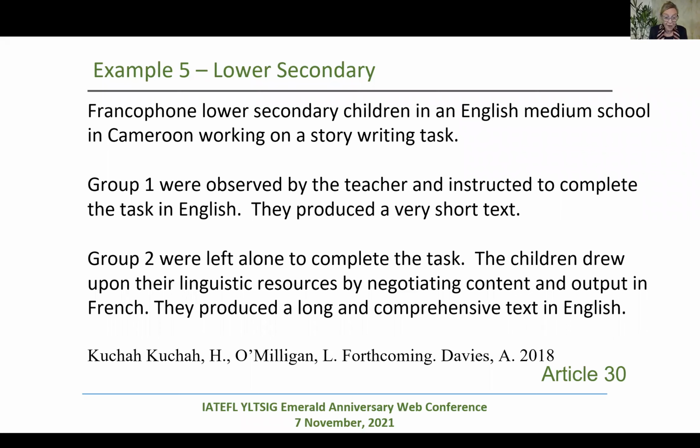We can see that Group 2 were given agency and choice on how they completed the task. They chose to use French, their own language and default cognitive tool, and co-constructed output in English. This acknowledged their plurilingual identity.